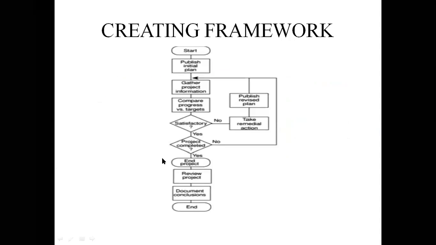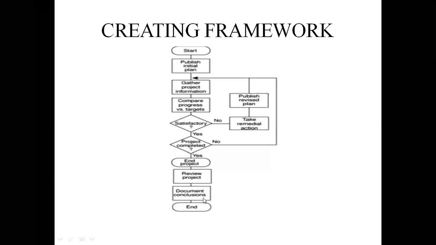So this diagram illustrates a model of the project control cycle and shows how once the initial project plan has been published, project control is a continual process of monitoring progress against the plan, and where necessary revising the plan to take account of deviations.